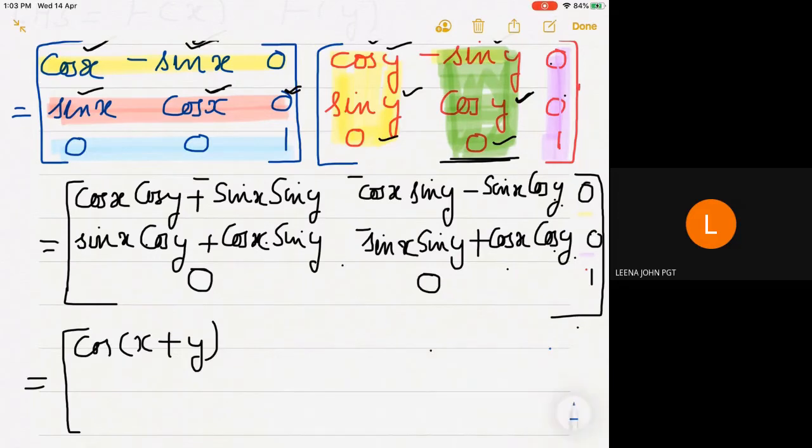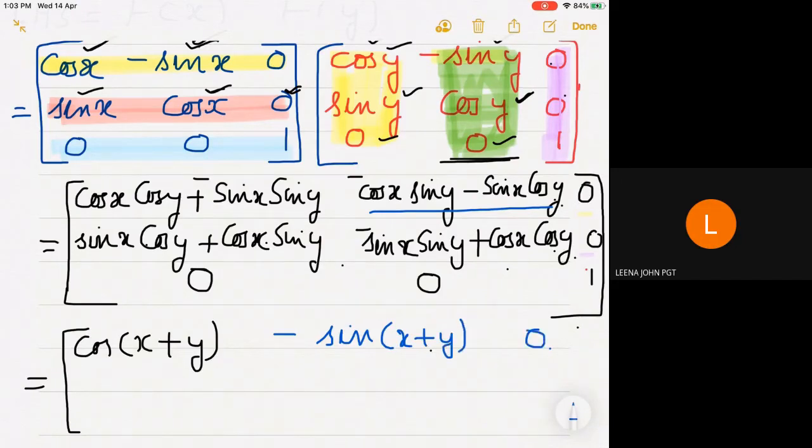Now the second one, if you take one minus outside, what you get is cos x sin y plus sin x cos y, or it is sin x cos y plus cos x sin y. So it becomes sin of x plus y.